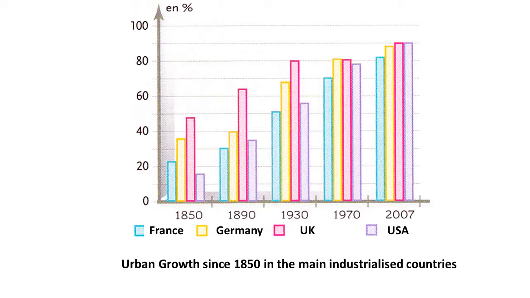And again, this was a shift which has proved unique in the history of mankind and in the history of each country. Britain is the country that reached that level first.